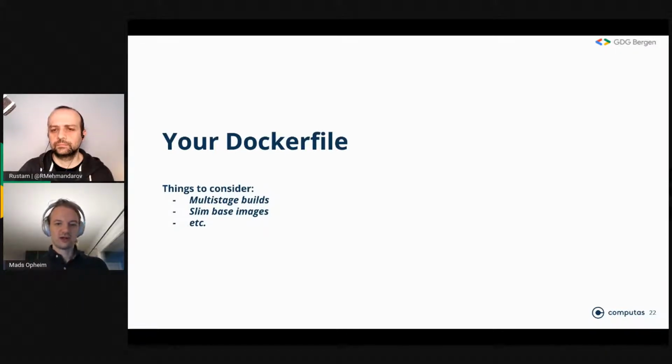So if you do a Maven build in your Dockerfile, then you should use multi-stage builds. First you do the building and then you copy the jar file or whatever it is from that part of the build into the production build.